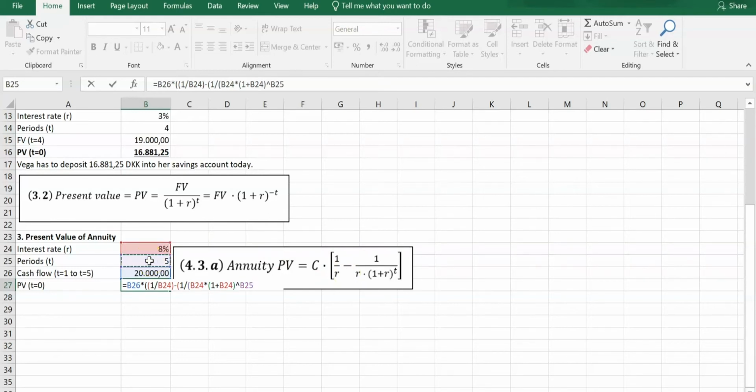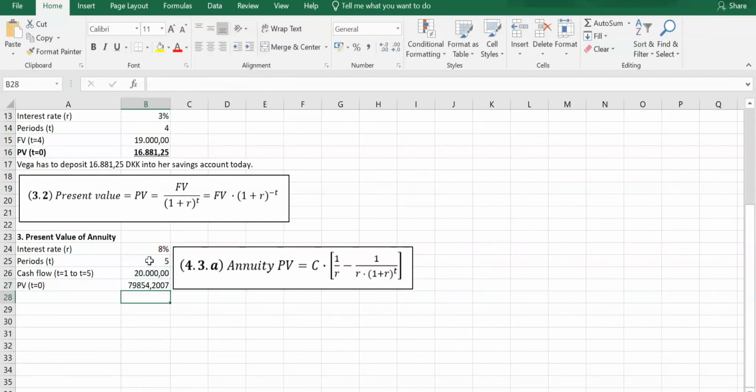I just have to close 1, 2, and 3 parentheses. So you can see here that my solution to this question is 79,854. So that is the present value at time 0.